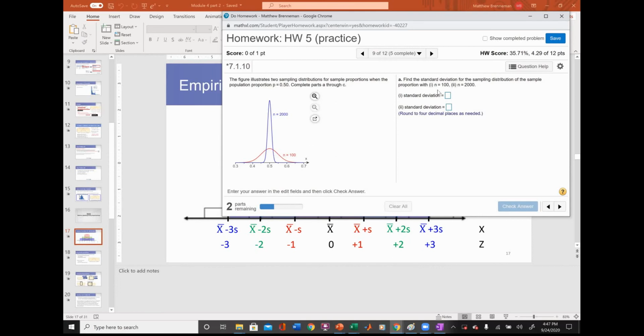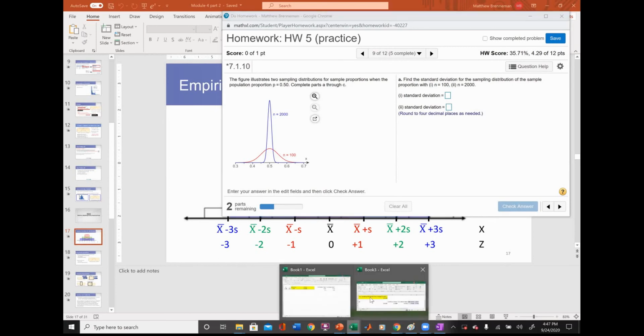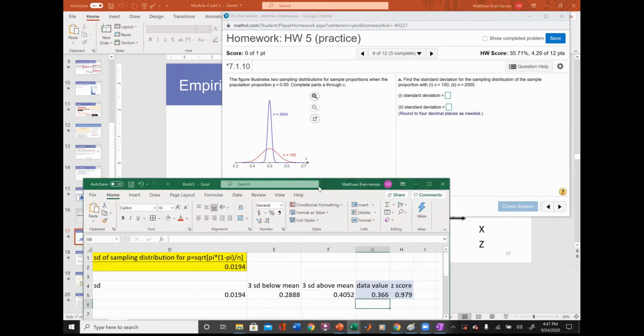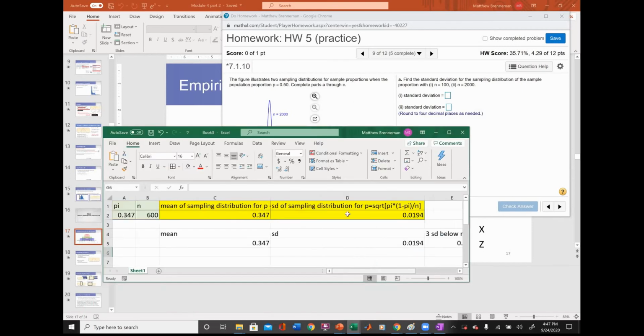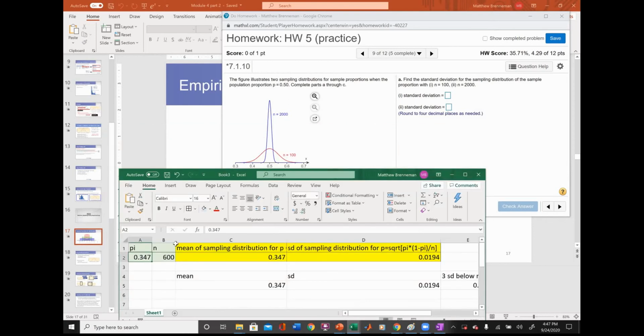So here I'm going to do a straightforward calculation. All I'm going to do is compute the standard deviation because they've actually given me the population proportion, right? So I go to Excel and scroll over, change this to 0.5. And the first one has a sample of size 100.